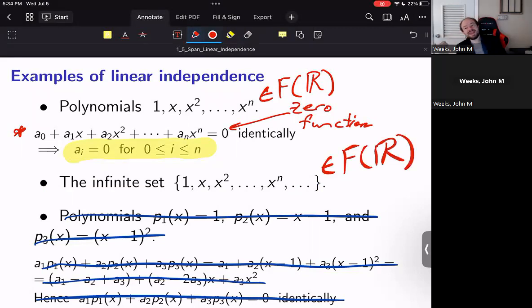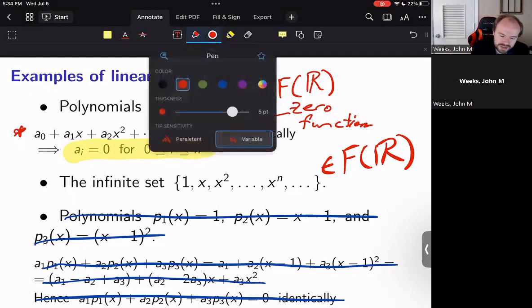But you can also show that this is linearly independent. How do you do this? Remember that the definition of linear independence allows you to take finite collections from this infinite set. Any finite collection of this infinite set is going to have a highest possible degree, some x to the n, of the x powers that you are choosing.